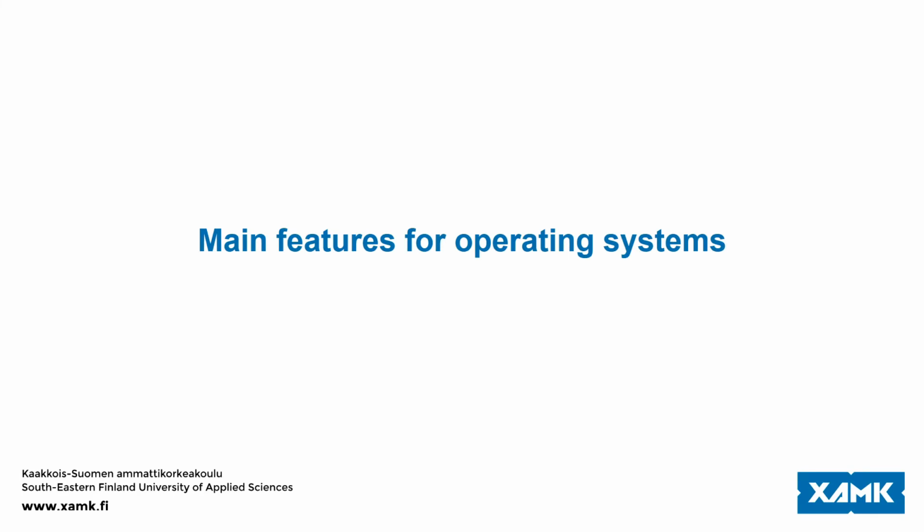Now that we have covered some basic terminology, let's briefly discuss some of the main features of an operating system. So what is it that the operating system needs to do in practice?